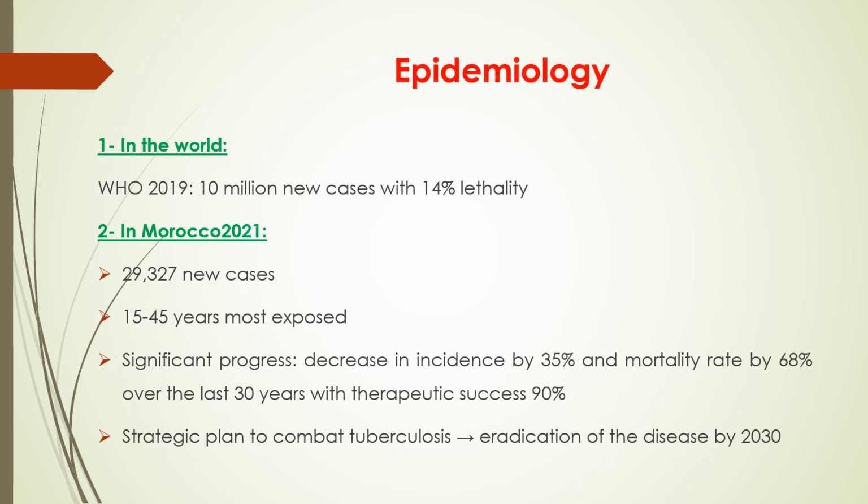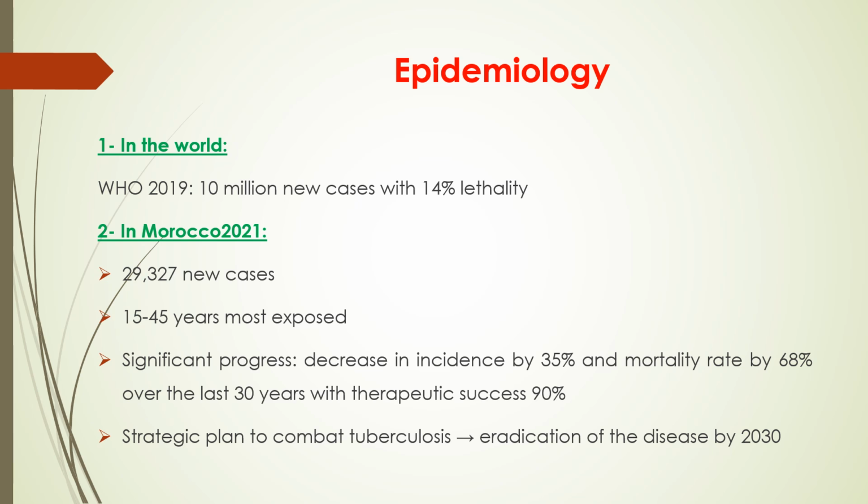In the world, according to the World Health Organization in 2019, we had 10 million new cases with 14% of lethality. In Morocco, in 2021, we had 29,327 new cases, and the patients were mostly aged between 15 and 40 years old.